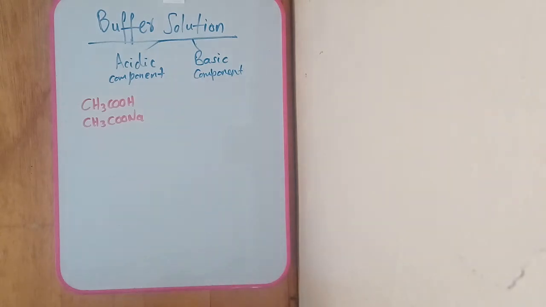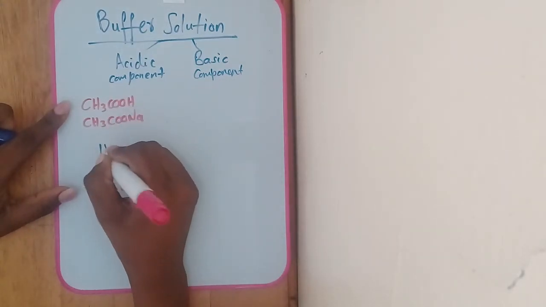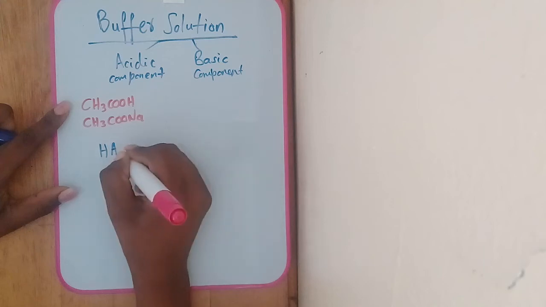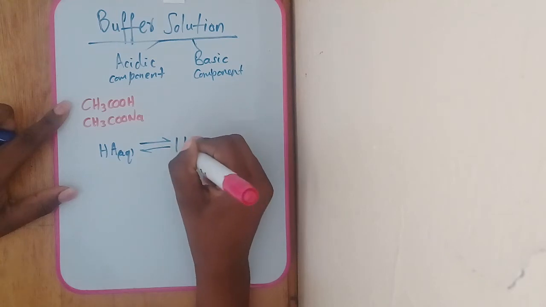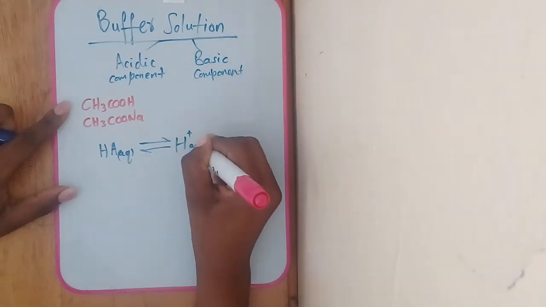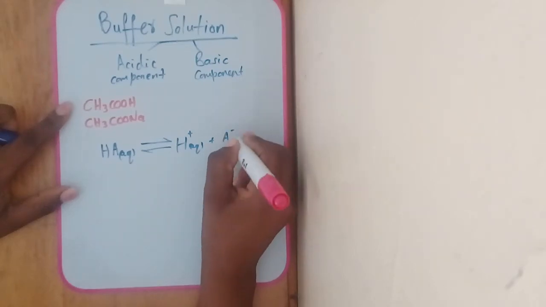A typical example is when you have your weak acid. Let me just use the weak acid for now. So your weak acid is HA in aqueous solution, forming H plus ions in aqueous solution plus A minus ions in aqueous solution.